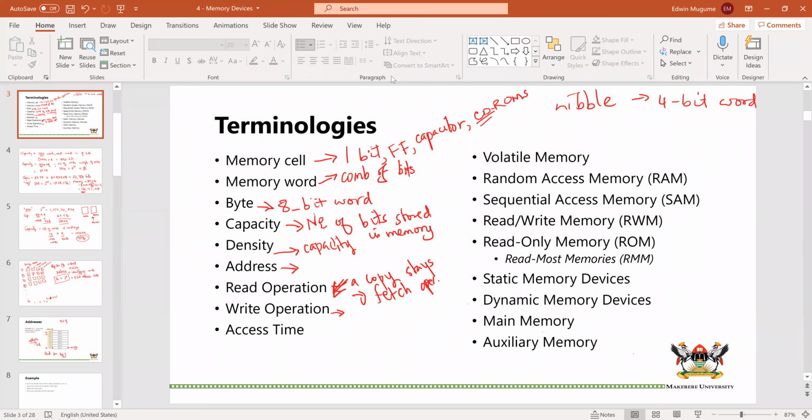Once all of that is done, the memory device will identify the location based on the address you've provided, and then move that information into memory. So as opposed to the read operation, when you write information in memory, the original information in that location will disappear and you will store the new information. We also call this the store operation.